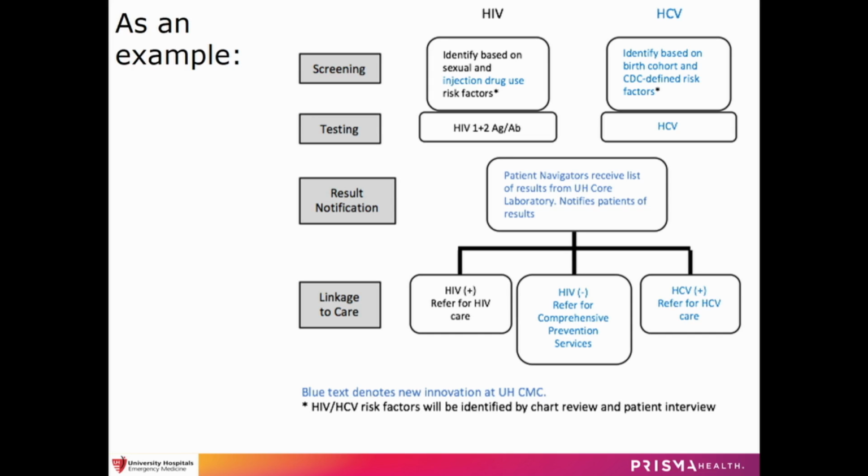On the right, we were going to initially just recommend the hepatitis C testing in the birth cohort, so 1945 to 1965 birth year, and CDC risk factors. From there, we'll have patient navigators who will receive a list of all of these results, and they'll notify patients. And then the linkage to care piece, if you're positive, refer to HIV care.